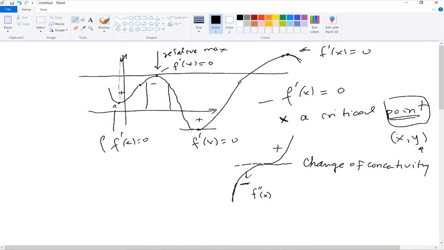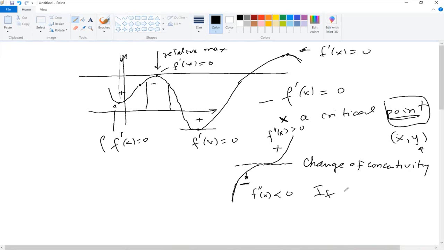In the intervals where the function is concave downwards, the second derivative is less than 0. That's why I put a minus here, you know? In the interval where the function is concave upwards, the second derivative is greater than 0.